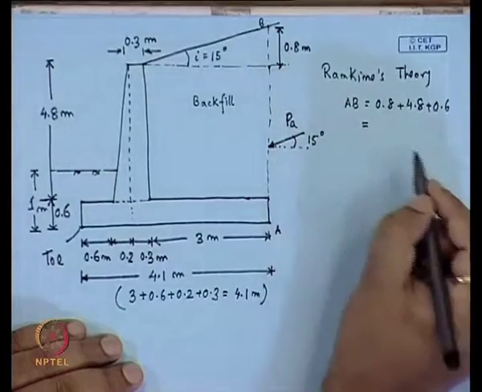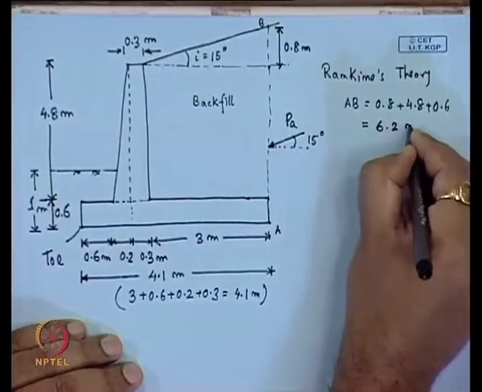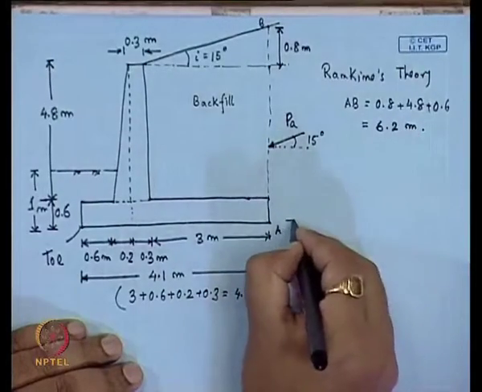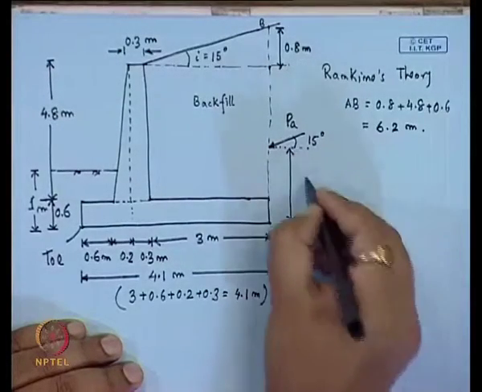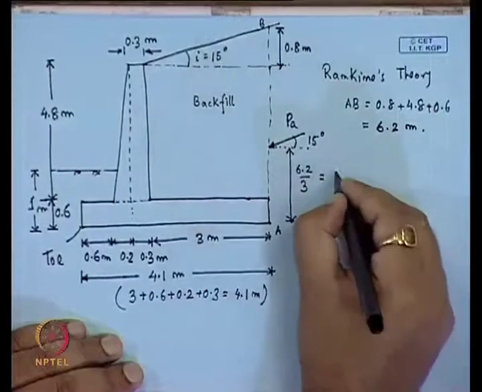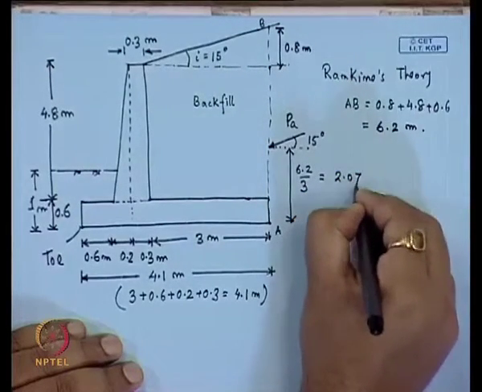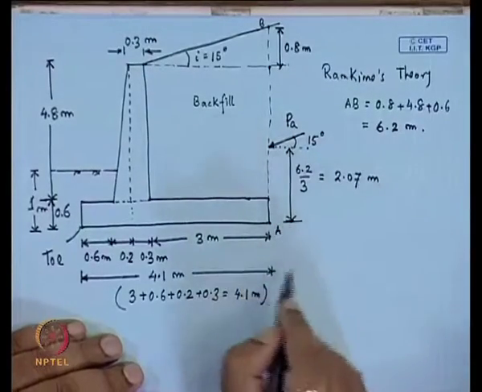So, the total height is 6.2 meter. The point of application of this lateral earth pressure is 6.2 divided by 3, which is 2.07 meter from the base of the retaining wall.